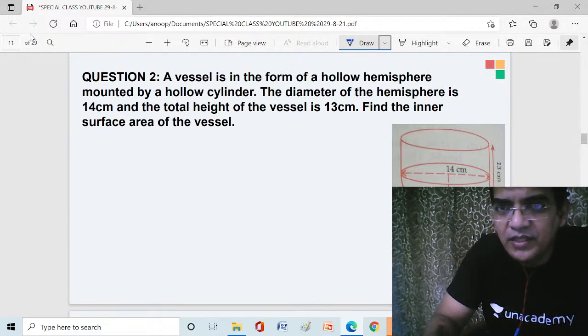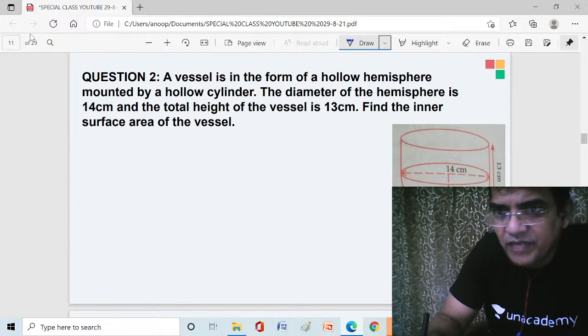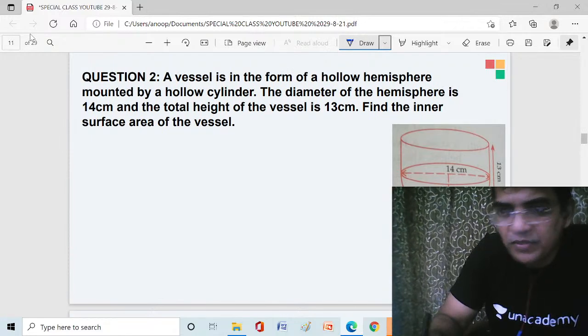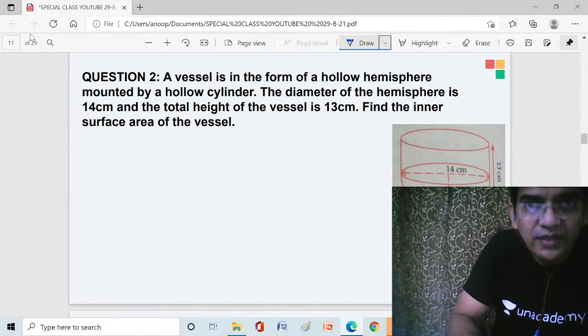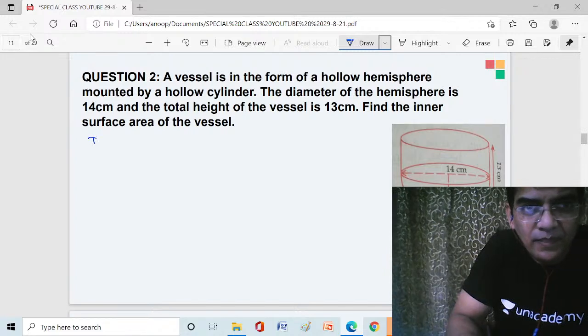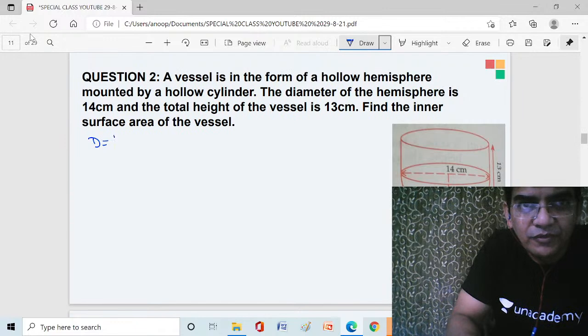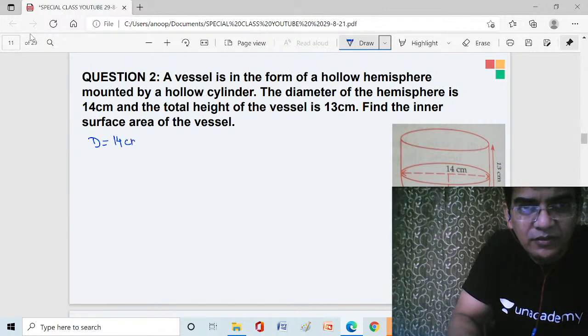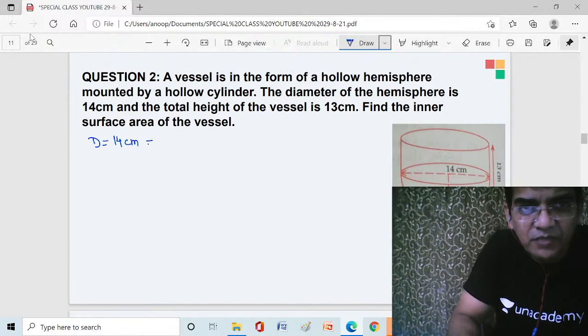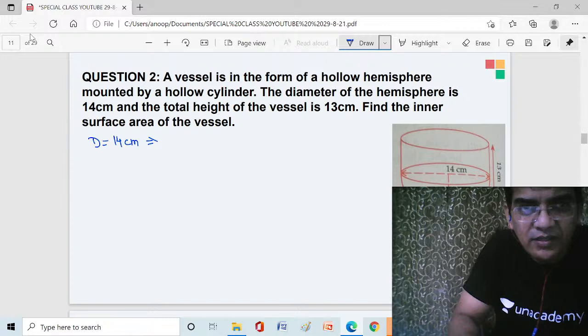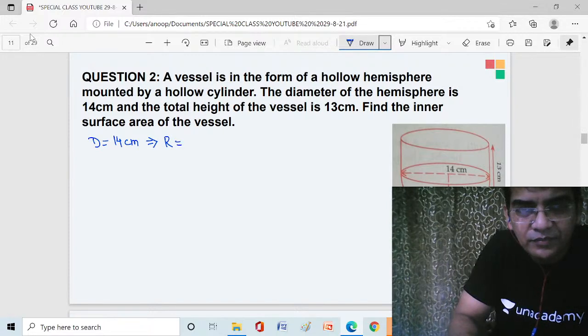Right. So here the diameter is given. If diameter is given, the radius will be half of it. So we can write it here. The diameter given is 14 centimeter. So from here we can say that the radius will be 7 centimeter.